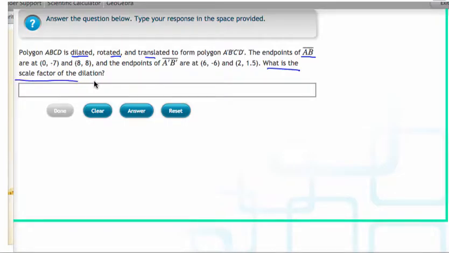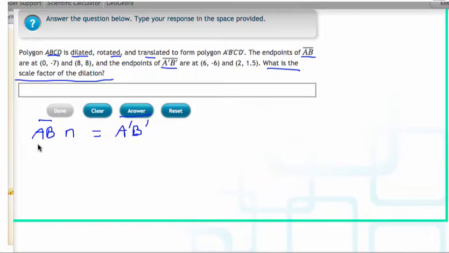What is the scale factor of the dilation? In order to find the scale factor of the dilation, you need to find the length of these two corresponding segments. Since ABCD is transformed to become A'B'C'D', we know that side AB multiplied by the scale factor will give us side A'B'.